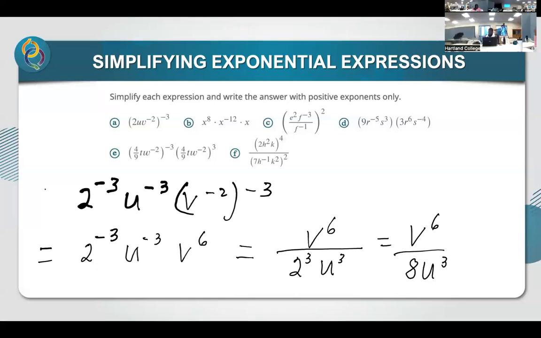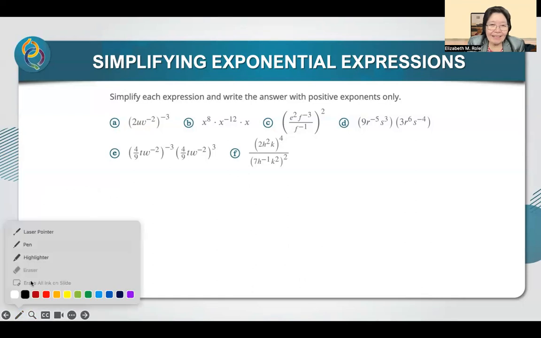F. Exponent 4 over E exponent 4. Is F on top or at the bottom? There's no E. Let me erase.